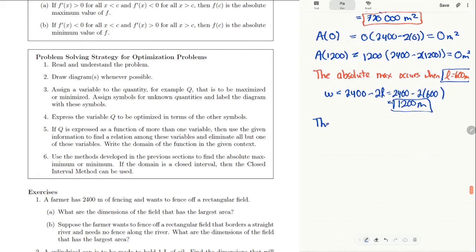And so the dimensions of the fence that give us the largest area is going to be 600 meters by 1200 meters.